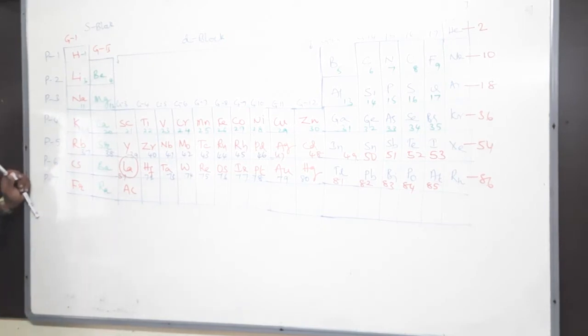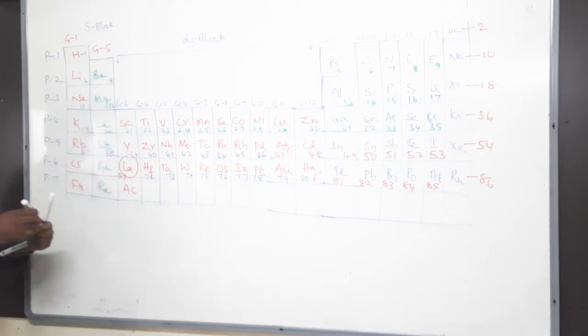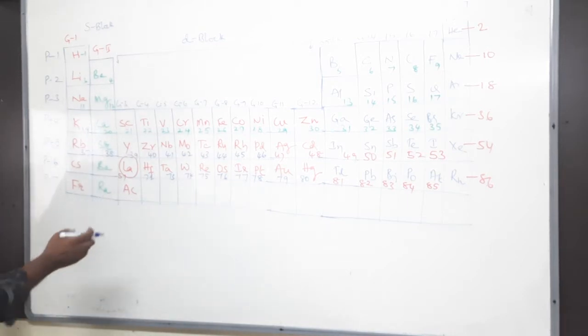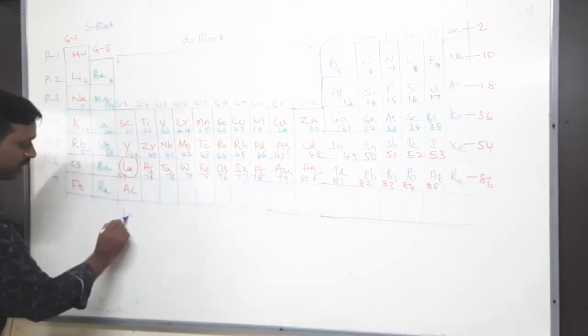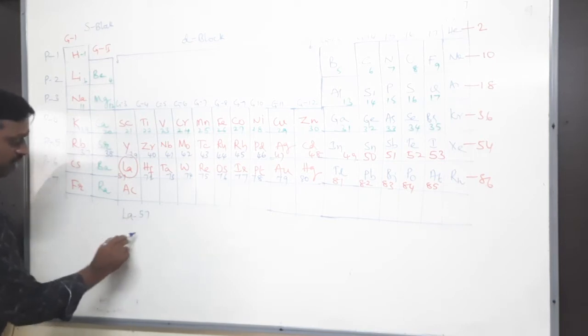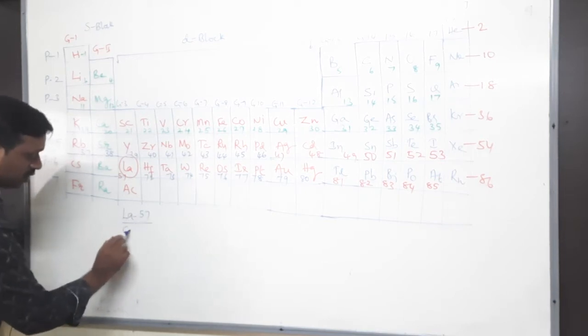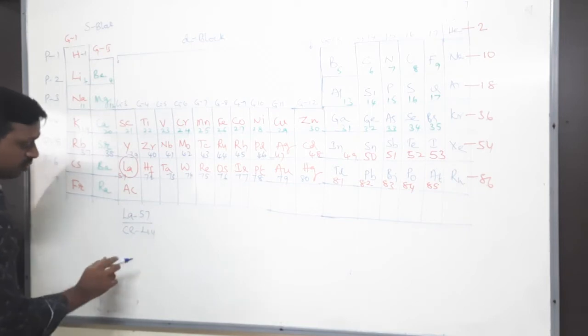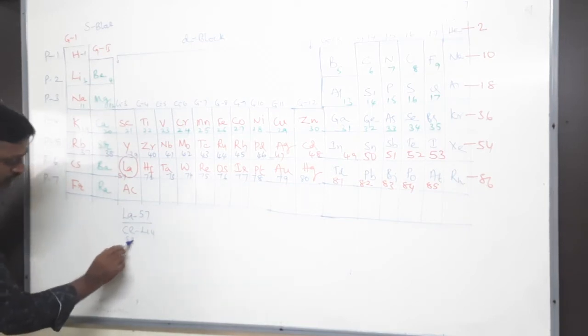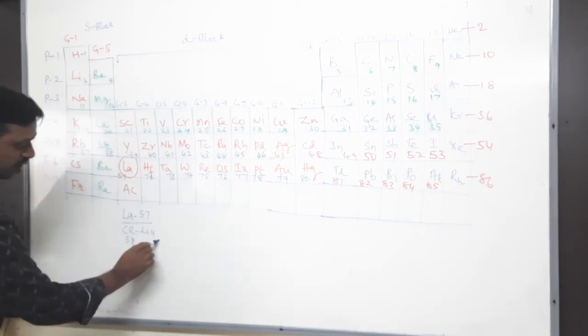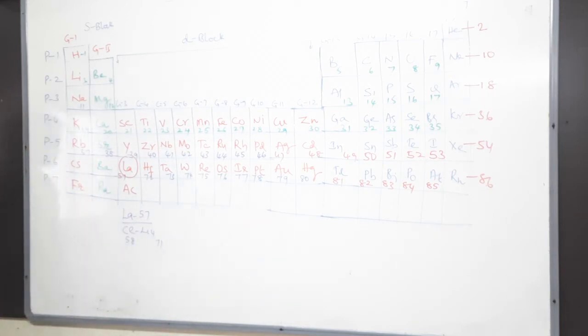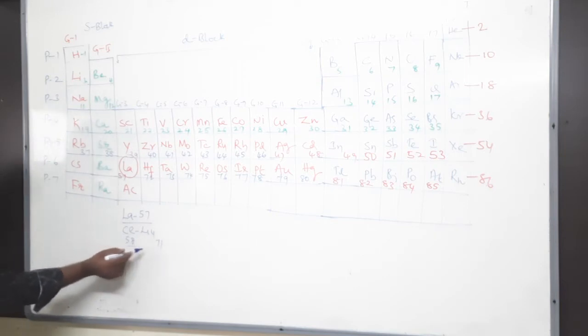Lanthanum atomic number 57. After lanthanum, there are a total of 14 elements, from cerium to lutetium. Cerium is 58, lutetium is 71. Okay, right, 58 to 71.